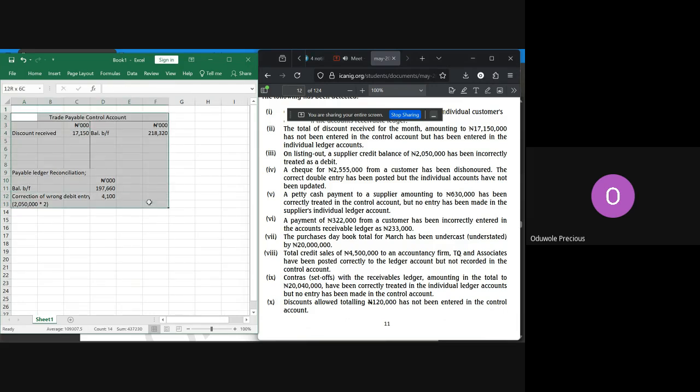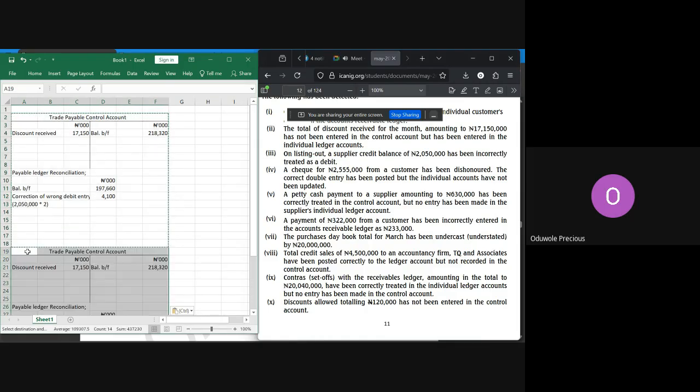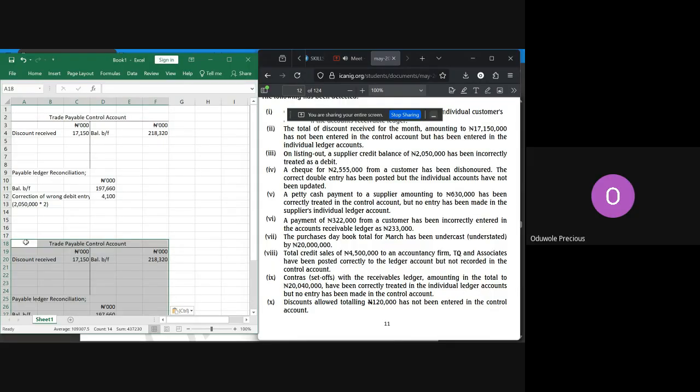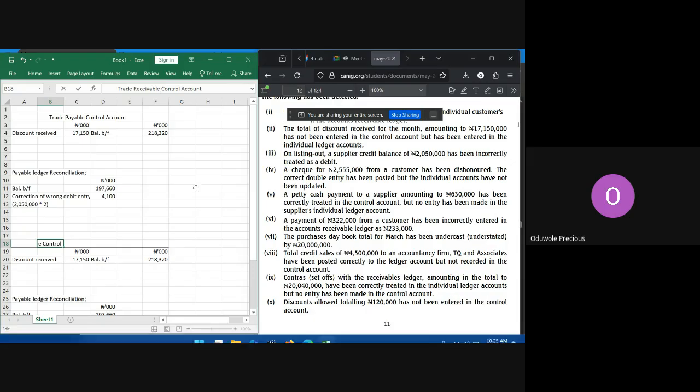Let me just copy a few lines. Let me copy it here. That's too much, but it's okay. This format is okay. So we change this to receivable. Sorry, I want to check the time and my battery.